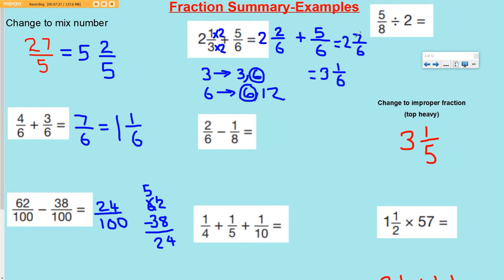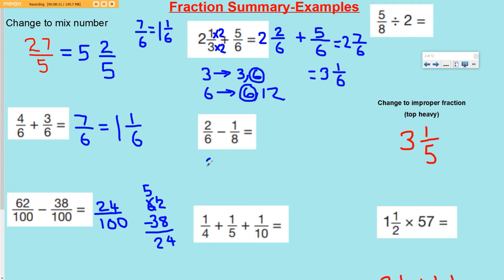Okay, just to show you again, if we've got 7 upon 6 as an improper fraction, because the examiner don't like it like that, 6 into 7 is 1, and remainder 1 upon 6, that's 1 and 1 6. And because we've already got 2 whole, then what we do, we just put them together, which becomes 3 and 1 upon 6.